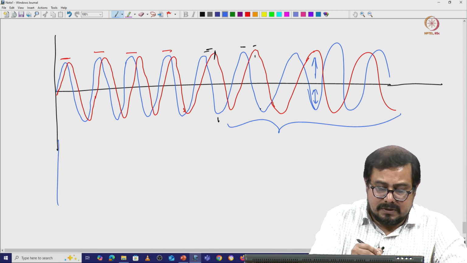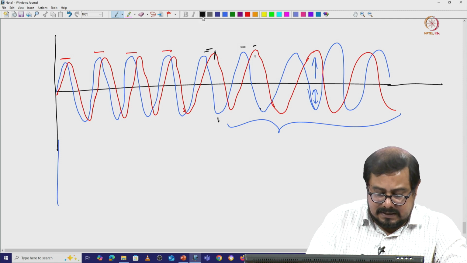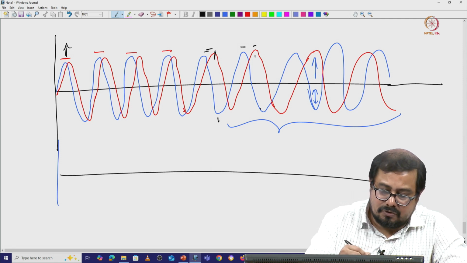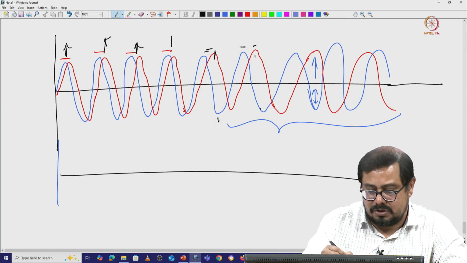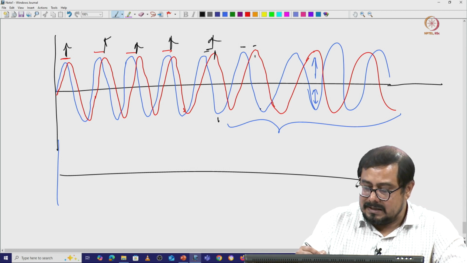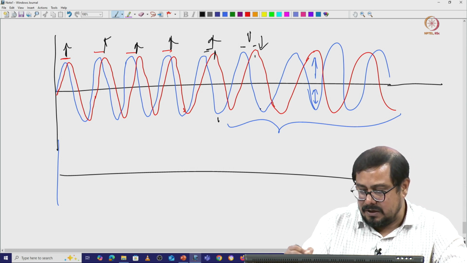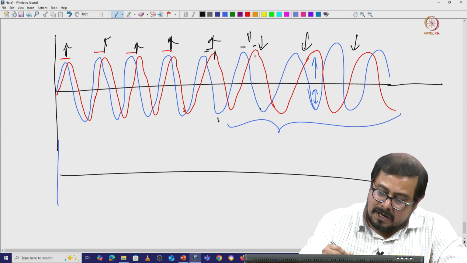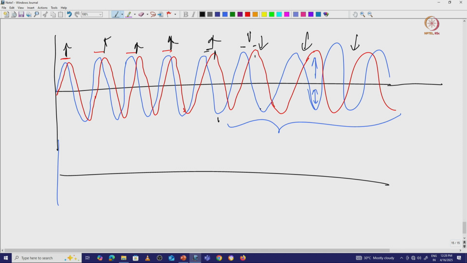Here if we look at this wave, it will boost the amplitude here, here, and here, and in certain cases gradually you can see there is a change in the amplitude, and the amplitude will go down, it will not go up anymore. If you want to draw that amplitude, let us take a look at how it will look.